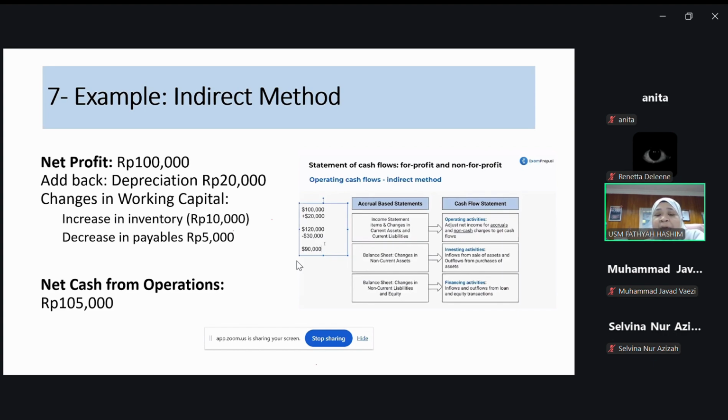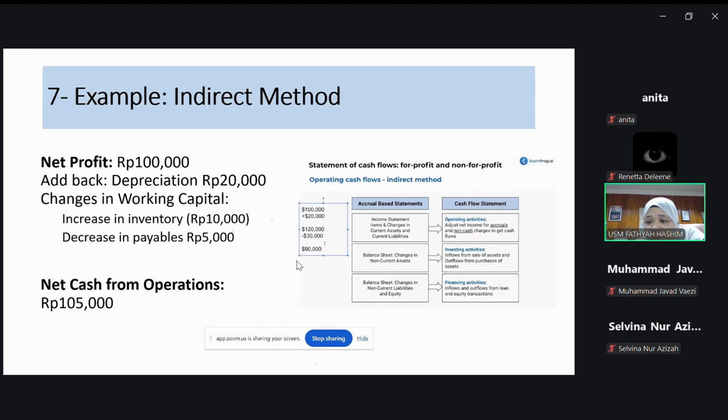So you need to subtract the decrement in payables by 5,000, because you're paying more this year. So you adjust the net profit and so on, and you get the net cash from operating to be 105,000 rupiah. That is so small, right? The figure, or dollars. So you look here, you need to adjust the net income for accruals.